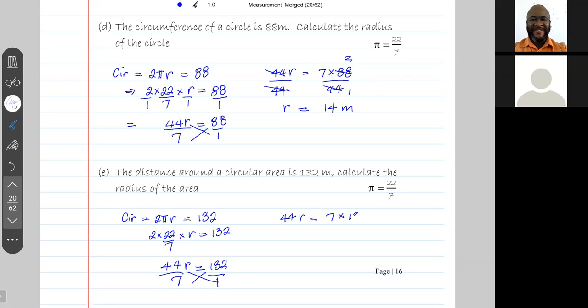I won't bother to work that out. Then I'm going to divide both sides by 44. When I do, I'm going to get that r is equal to, this goes into this 3 times, and 3 times 7 is 21. And the unit is meter. So the radius is 21 meters.